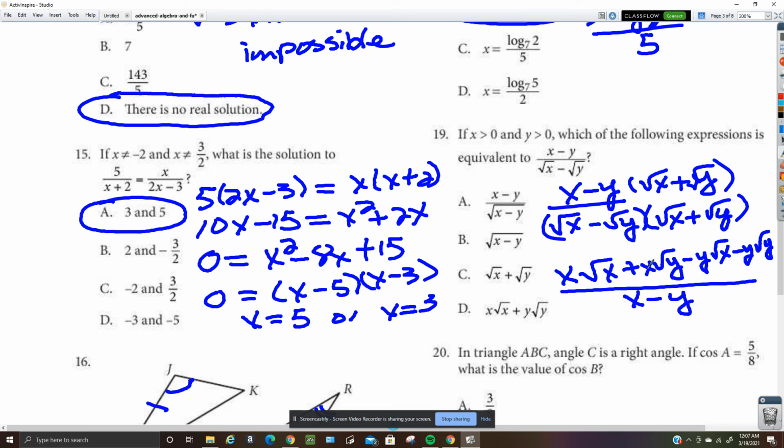Well, here I see that square root of x is common to both of these, and a y.